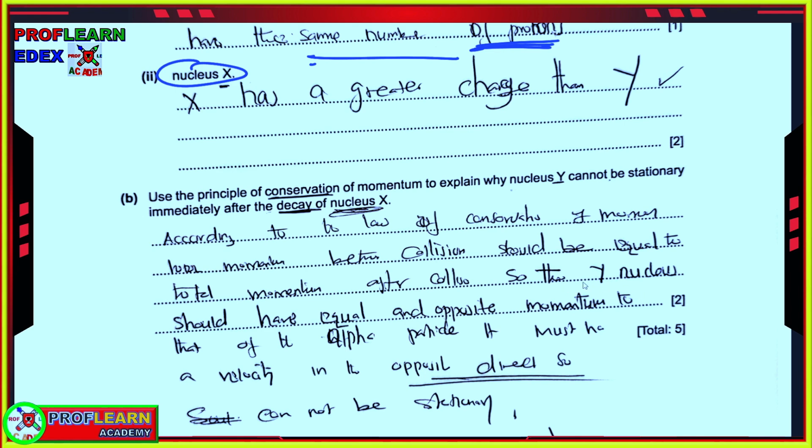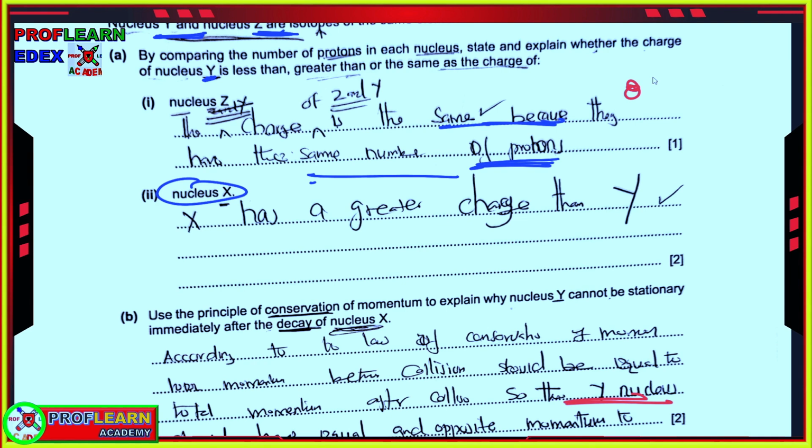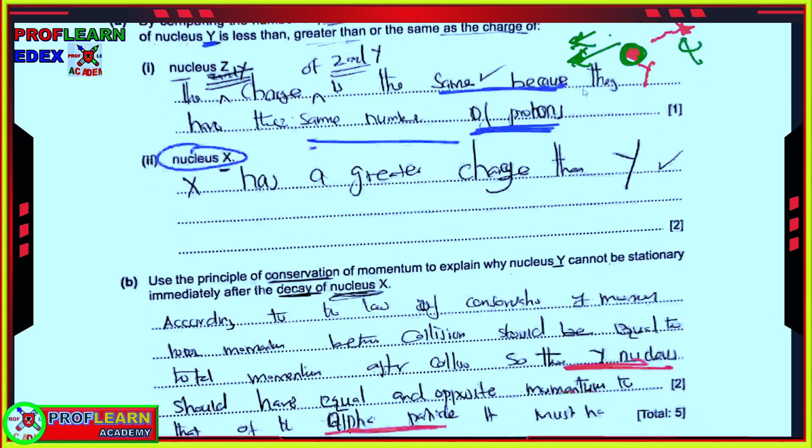So the nucleus Y should have equal and opposite momentum to the alpha particle which is being ejected. Since an alpha particle is being ejected and it will have a momentum, then this particle Y should also have a momentum in the opposite direction. That means the nucleus Y is not going to be stationary, because it will have a momentum in the opposite direction, so it must have a velocity.